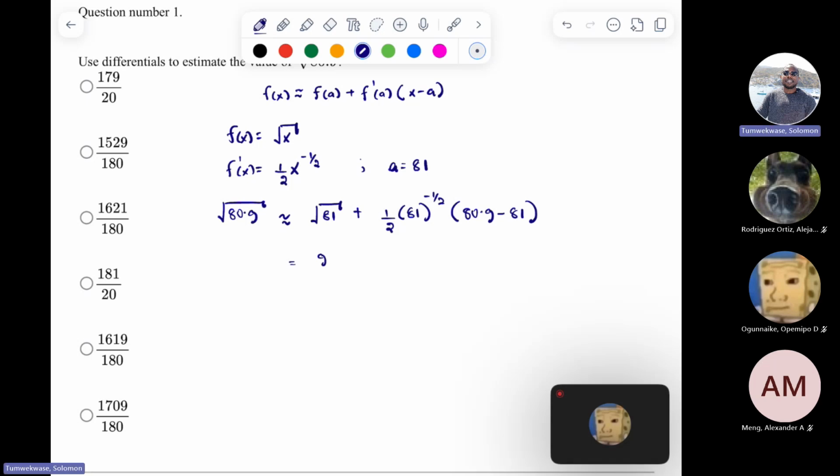This is 9 plus 1 over 2 times 9. I'm bringing this down, then times 80.9 minus 81.